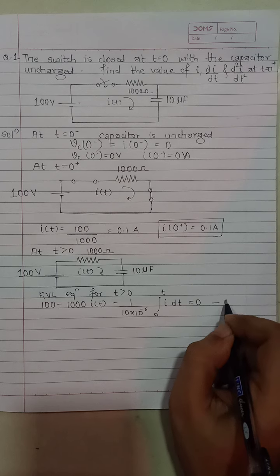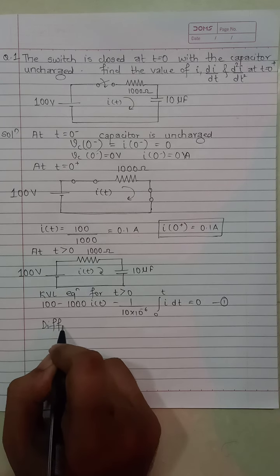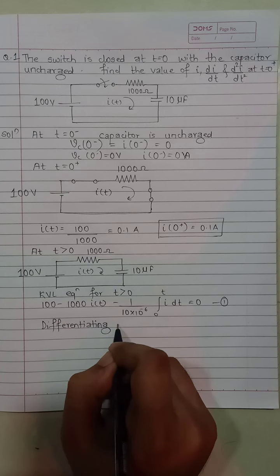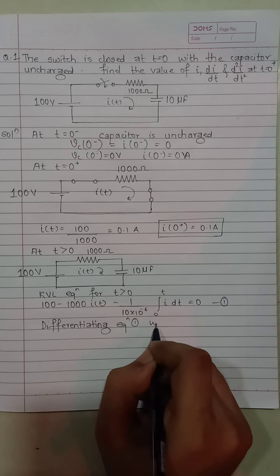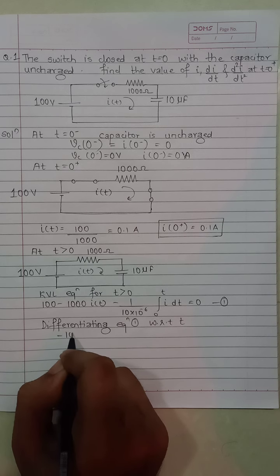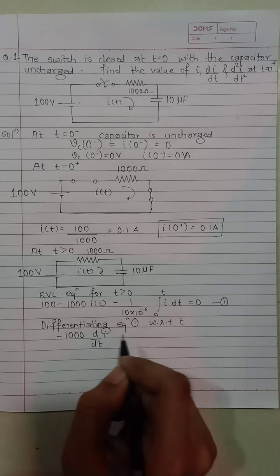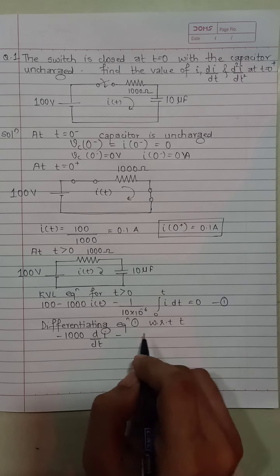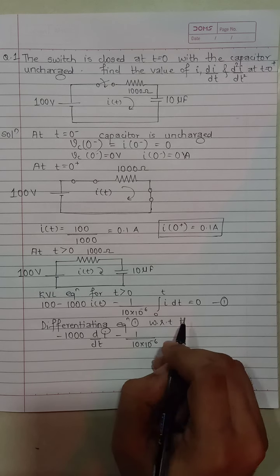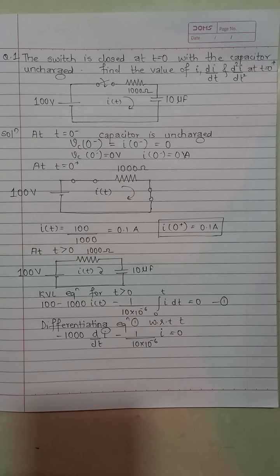So differentiating equation 1 with respect to t will give me minus 1000 di by dt minus 10 raised to 5 i equals 0.